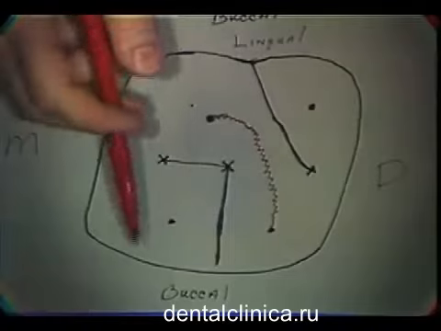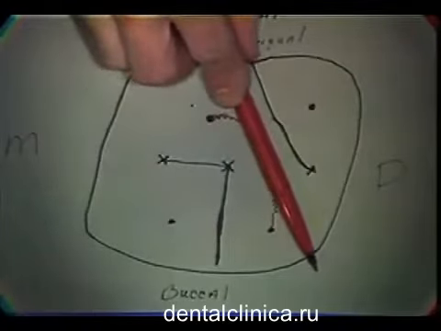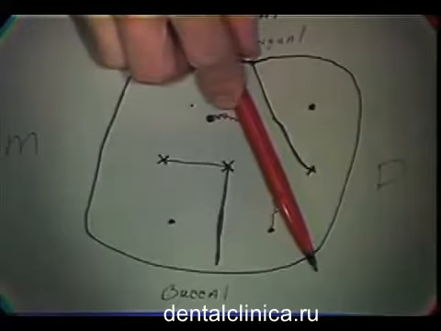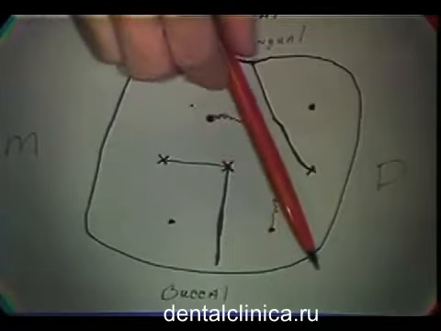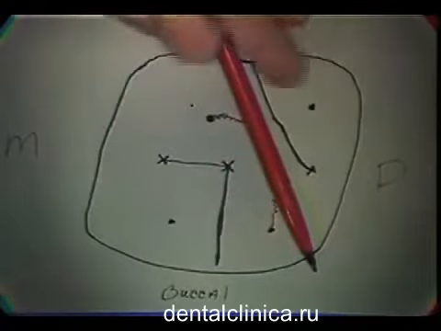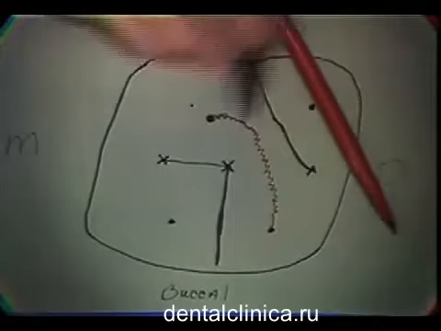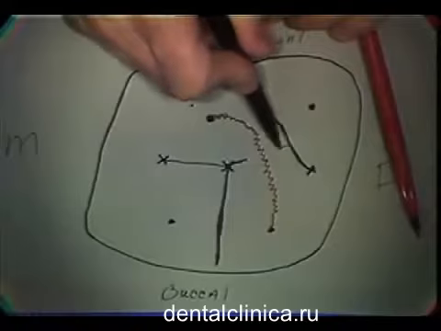And it kind of divides our tooth into a mesial two-thirds and a distal one-third. So it's not sectioning right through the center of the tooth, but it's going towards the distal and dividing it into a mesial two-thirds and a distal one-third. We may have grooves that will come up this a little bit, but they generally don't cross.